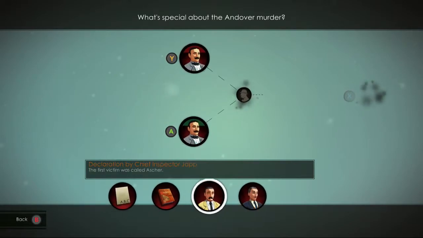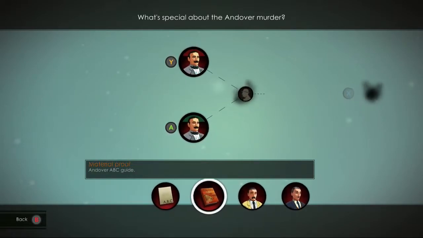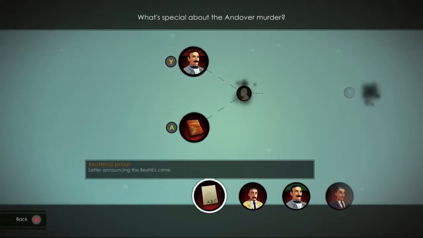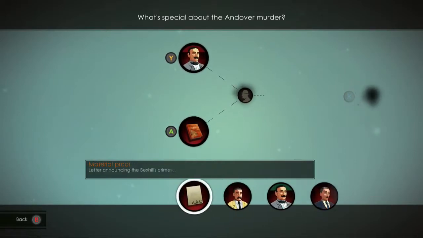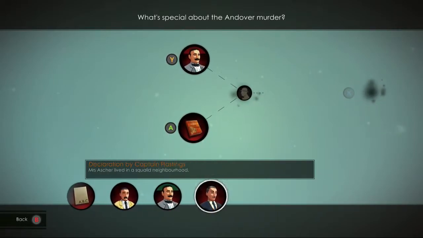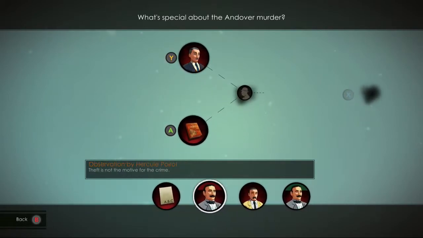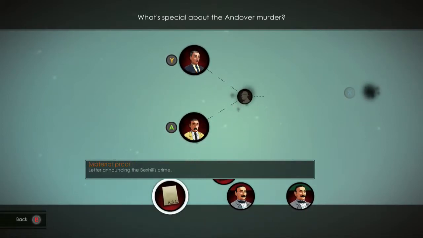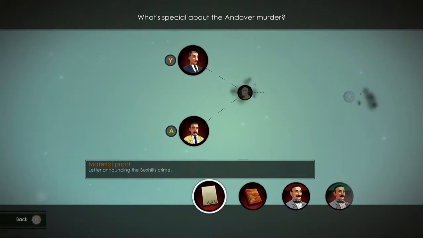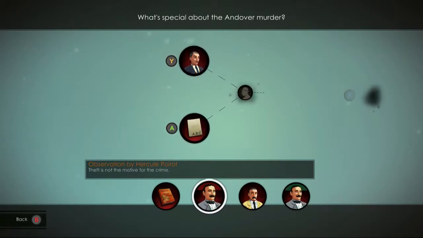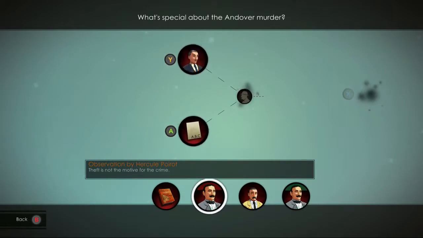I don't think that's it. The theft is not a motive for a crime.